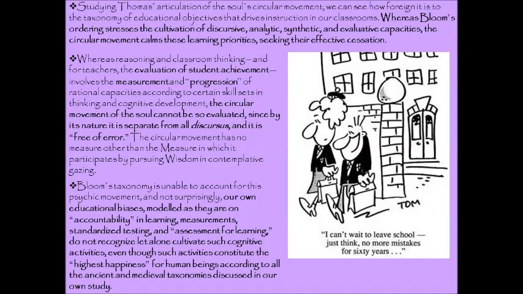Whereas reasoning and classroom thinking, and for teachers, the evaluation of student achievement, involves the measurement and progression of rational capacities according to certain skill sets in thinking and cognitive development, the circular movement of the soul cannot be so evaluated, since by its nature it's separate from all discursus, and it is free of error. The circular movement has no measure other than the measure in which it participates by pursuing wisdom in contemplative gazing.